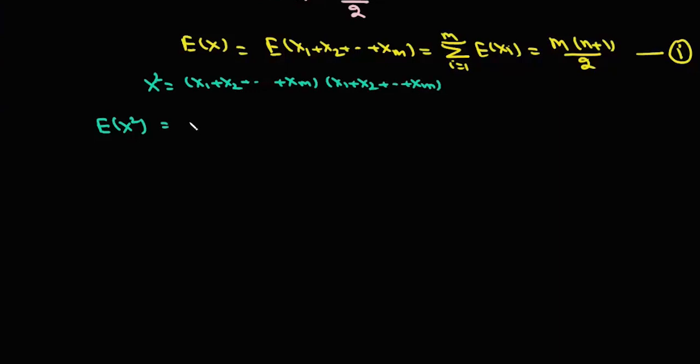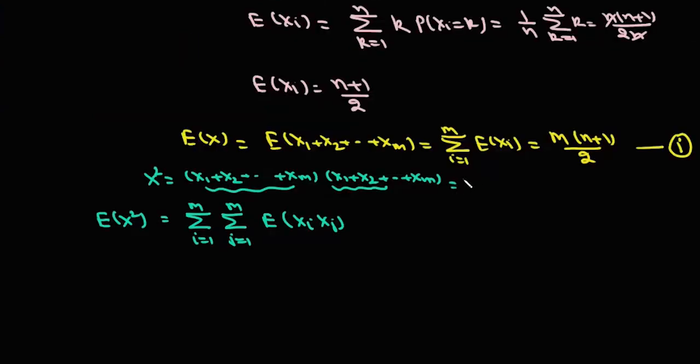So basically we can also write this as the summation i varies from 1 to m, summation j varies from 1 to m, expectation of xi into xj, basically the expectation of this product.